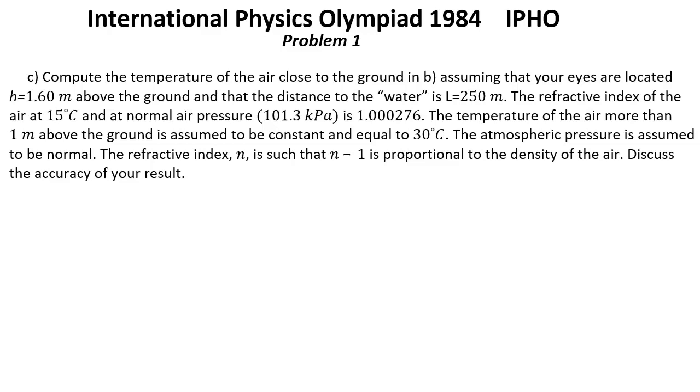Solution for part C. Using the information that n-1 is proportional to density and density is inversely proportional to temperature, we have n as a function of T equal to 1 plus some coefficient k divided by temperature in kelvins.